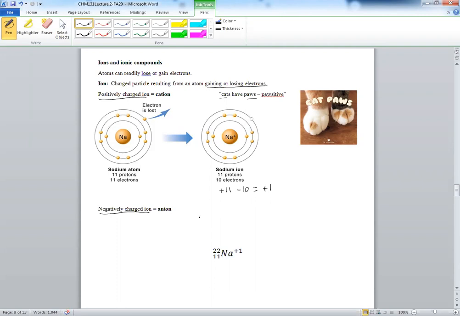Now, with a negatively charged anion, imagine you have something like fluorine. Fluorine by itself has 9 protons and 9 electrons.